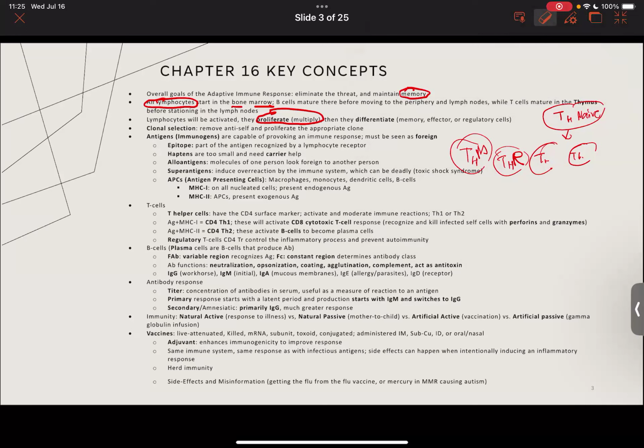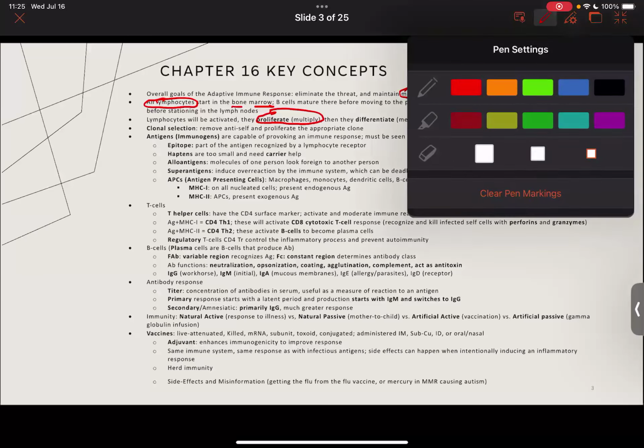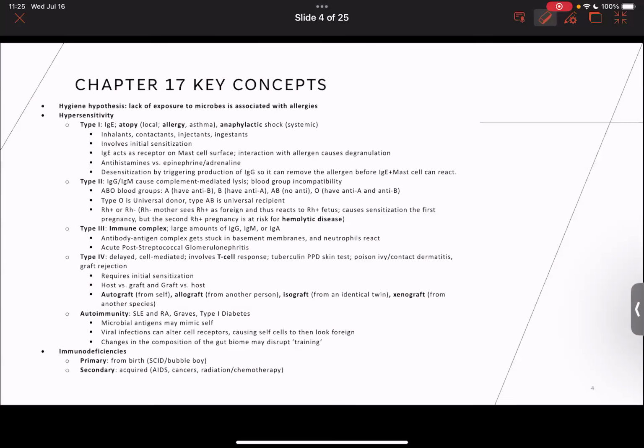Our effector cells for our T helper cells are more specific than that. They are going to be our TH1 and our TH2. These are our effector, the ones that are actually doing the job of that particular cell type. Okay. So we proliferate first, and then those proliferated cells will differentiate into that. Just to clarify that.